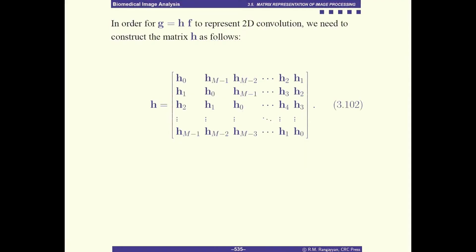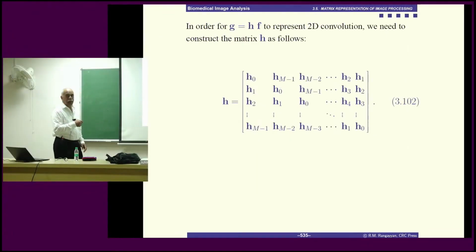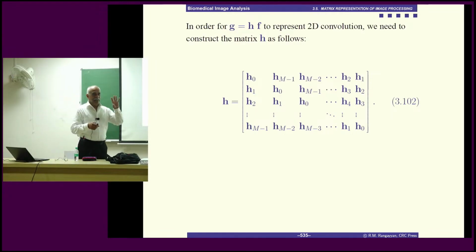How do you get that again? So we have to take the matrix H now and see how we can formulate it so that g equal to Hf works. So it's a question of formulation. You know what you want to achieve and you define this accordingly.